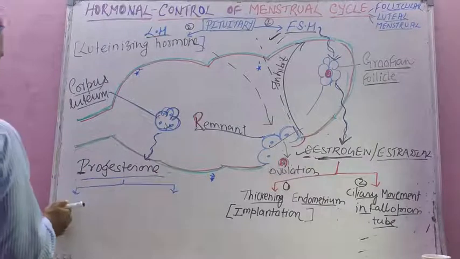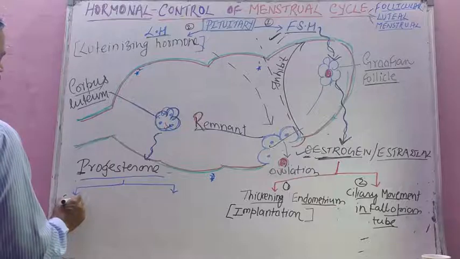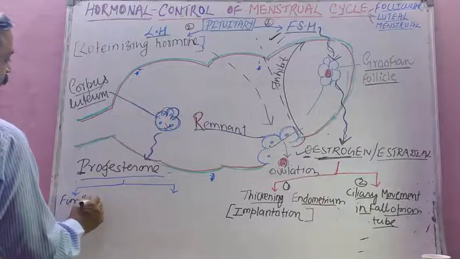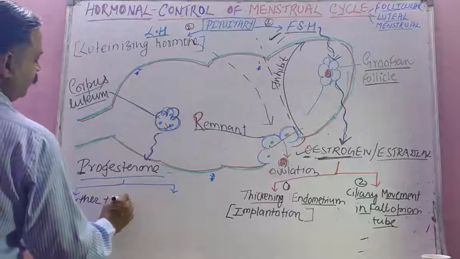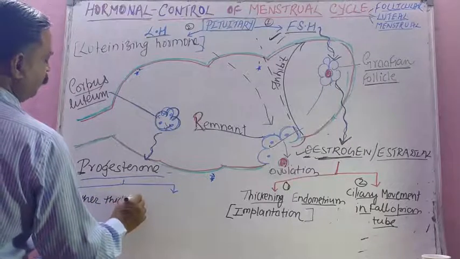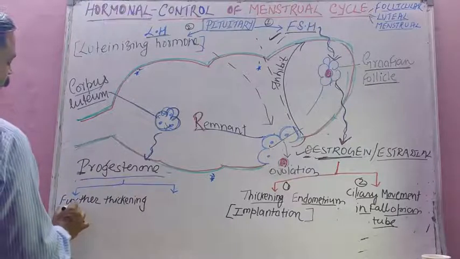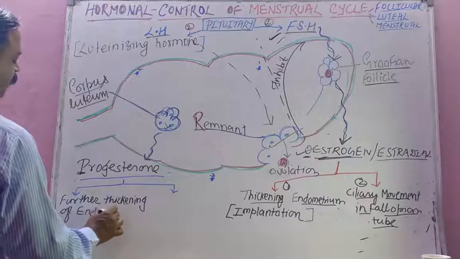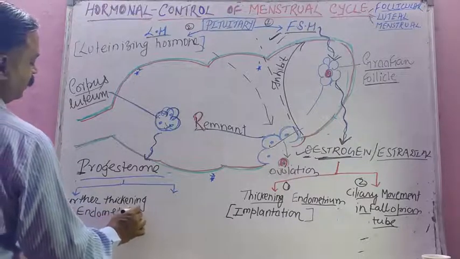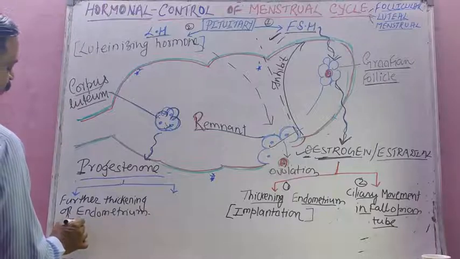Now what is the function of progesterone? Listen carefully. It brings about further thickening of the endometrium. It develops a little bit more endometrium, further thickening of the endometrium, and here the glandular cells of the uterus become tortuous.